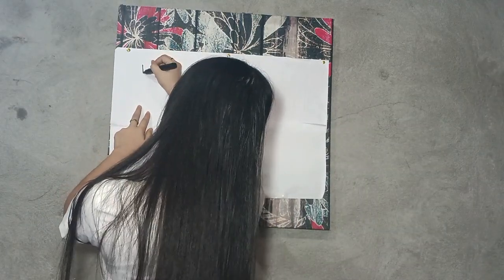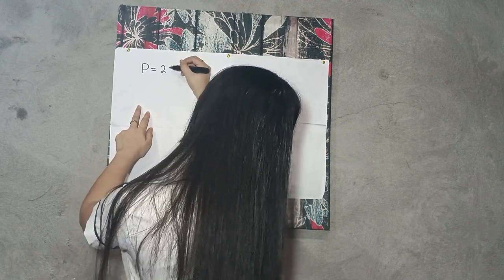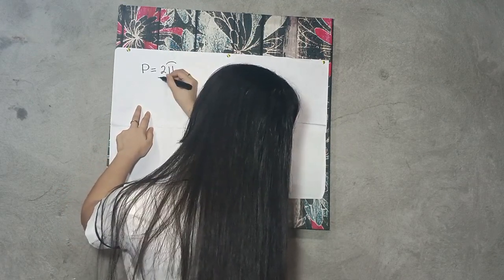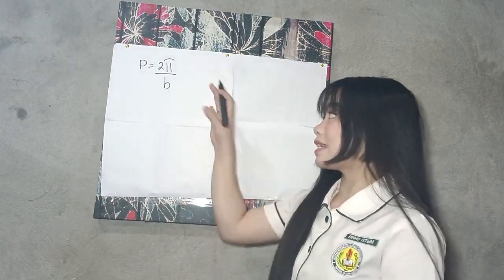So in this number, we are tasked to get the period. And the formula in getting the period is P equals 2 pi over b. So we're going to substitute the given in this formula.